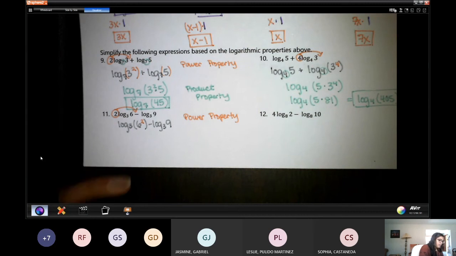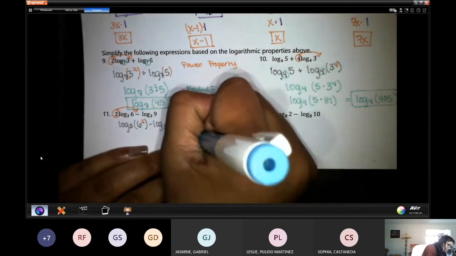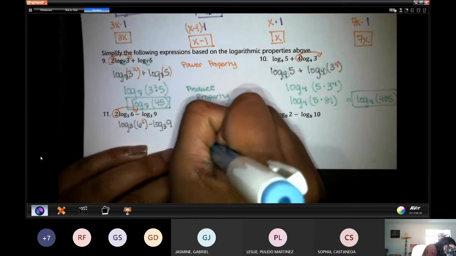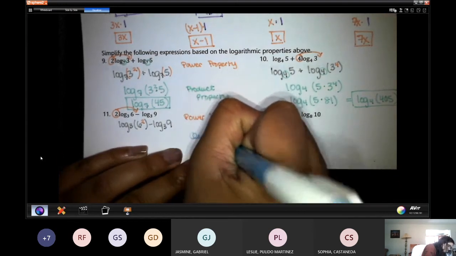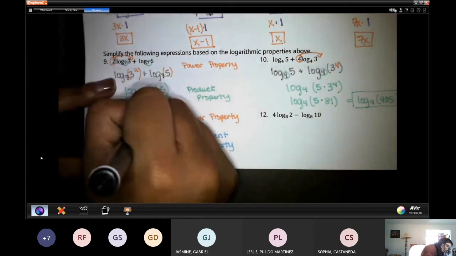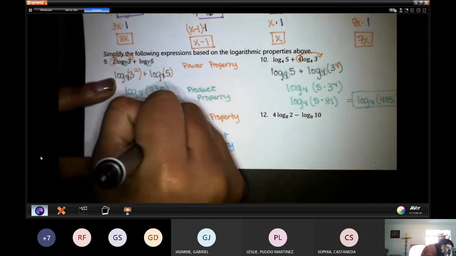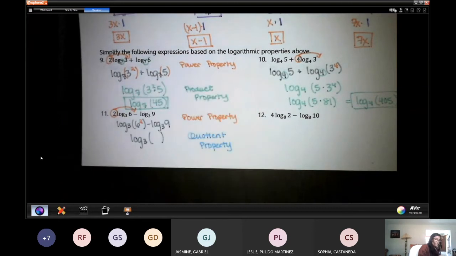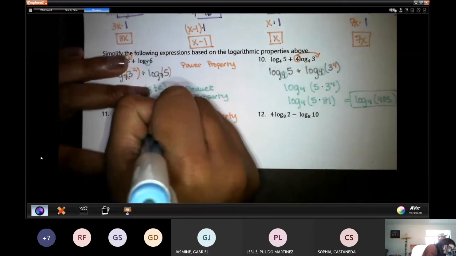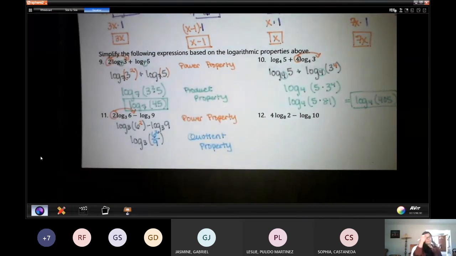Remember, the quotient property just means we take subtraction and turn it into division. So when we subtract these, we can merge the log base 3, since we only have one of those left. And then what changes here is it's 6 squared over 9. Okay?